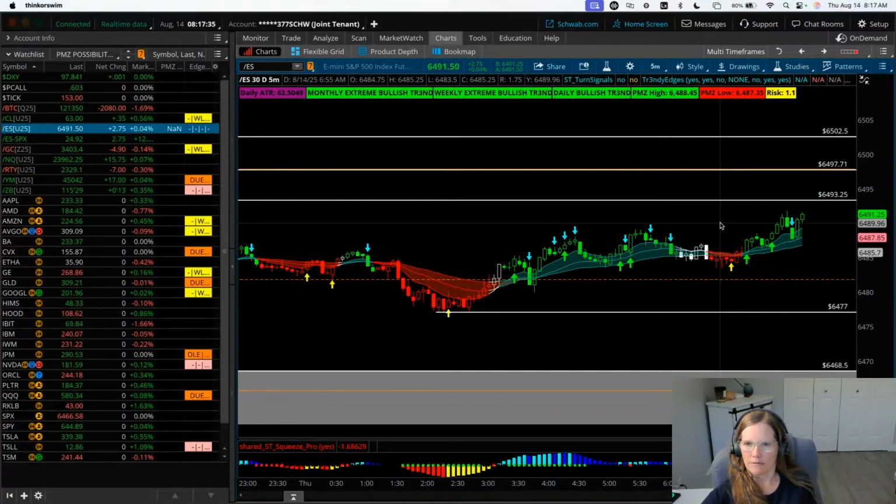Above it, I'm looking for opportunities to buy a dip and play it to upside targets. And below it, I'm looking for opportunities to sell a rip and playing it to targets below where price is at.